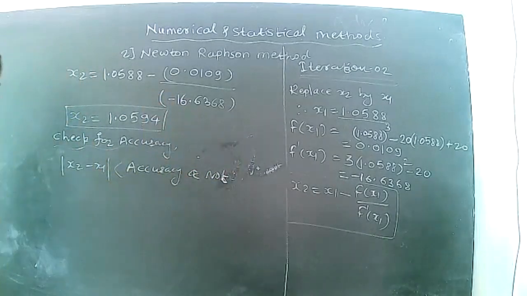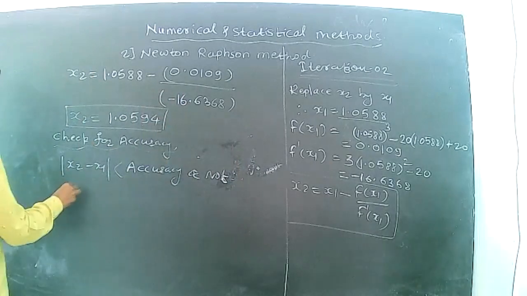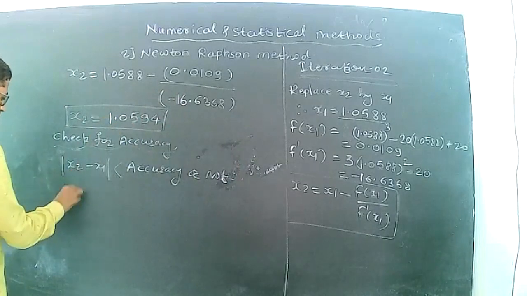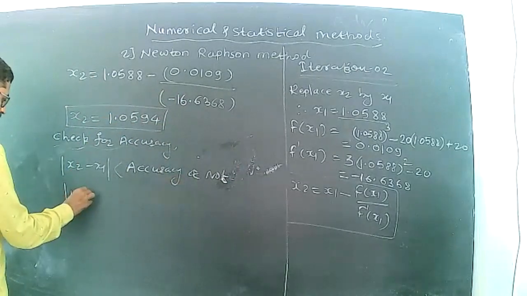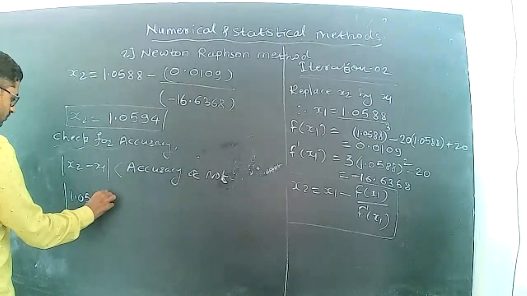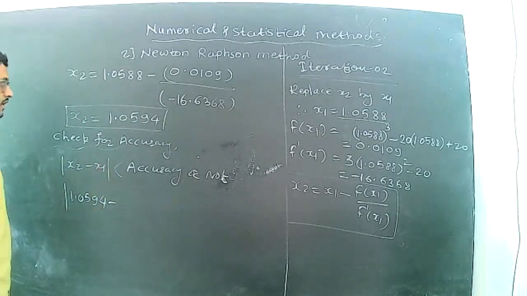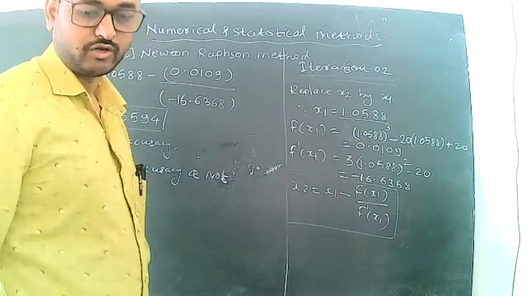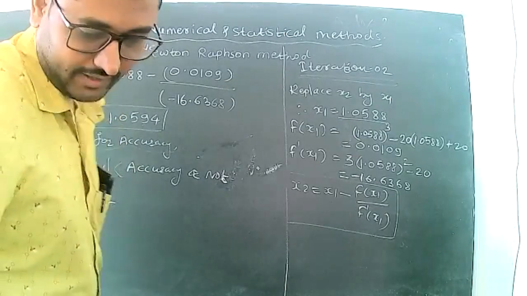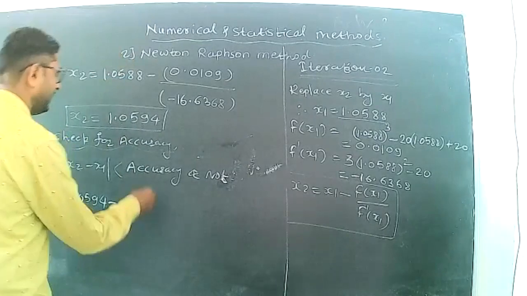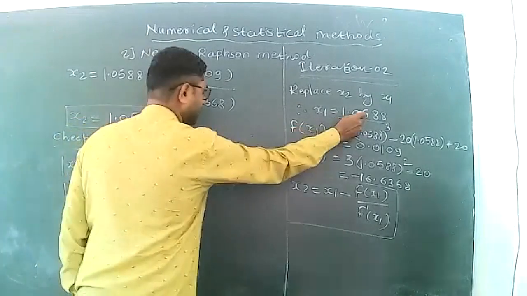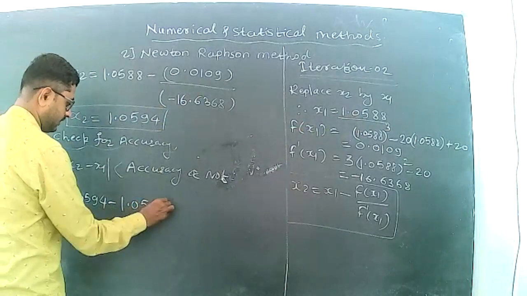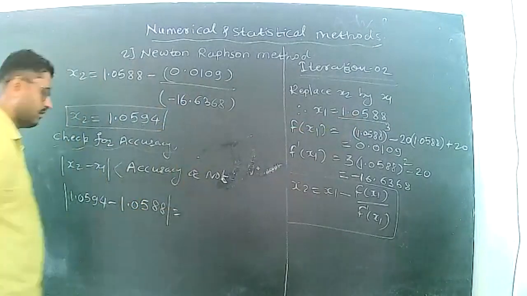The new value of x2 is 1.0594 minus x1, the previous value, 1.0588.